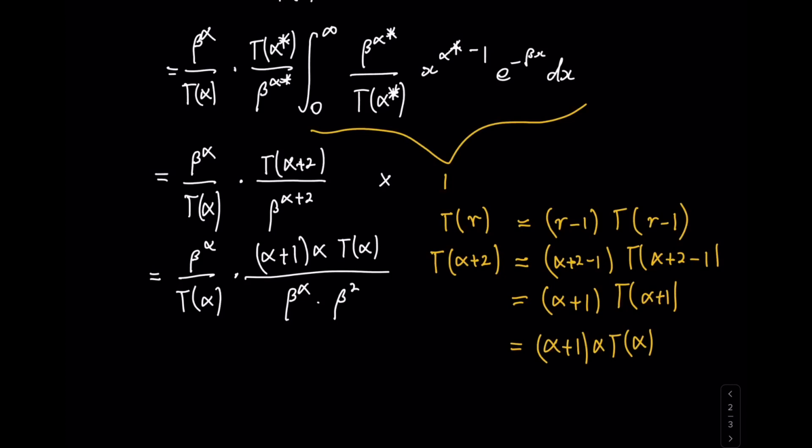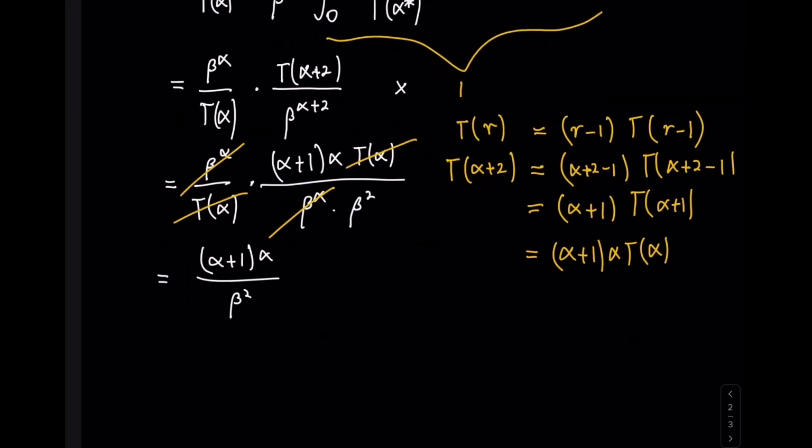This allows us to cancel this beta to the alpha with the beta to the alpha here, and this gamma of alpha with this gamma of alpha here, and we're simply left with alpha plus 1 multiplied by alpha over beta squared.